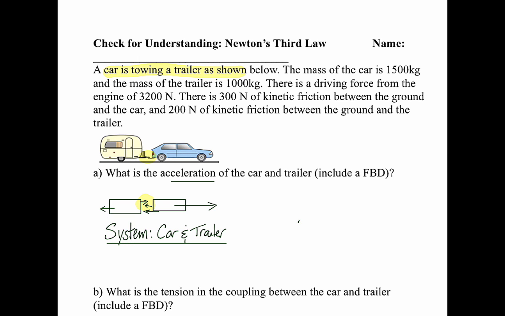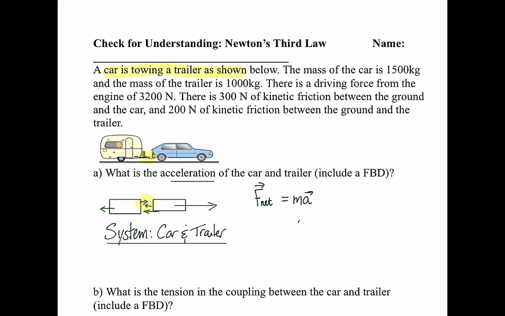And if the system is the car and the trailer together, then what we want to do is see what is the net force on the car and trailer together. So now what we do, as we always do with these problems, is apply to this situation F net equals ma. So what is F net? And that will enable us to find the acceleration.